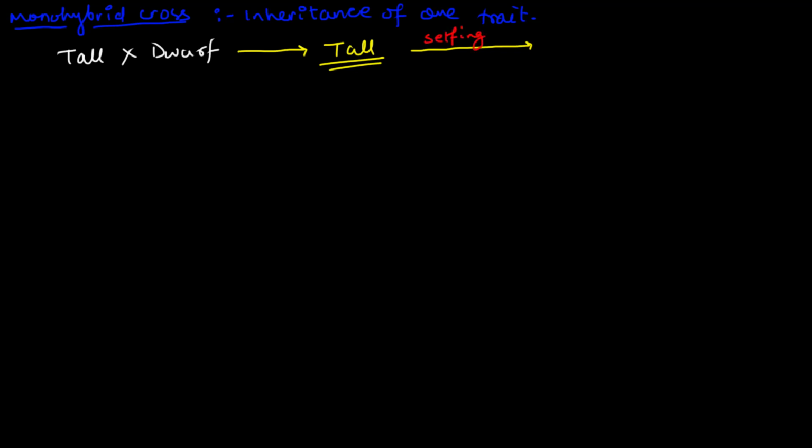And when he self-crossed these tall plants from this particular generation, he found two different outcomes. So there were tall plants and the dwarf plants that seemed to be missing in the previous generation reappeared here. And of the total outcome, 3/4 were tall plants and 1/4 were dwarf plants.